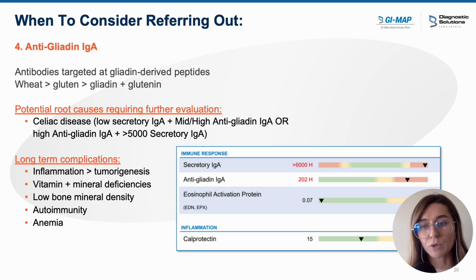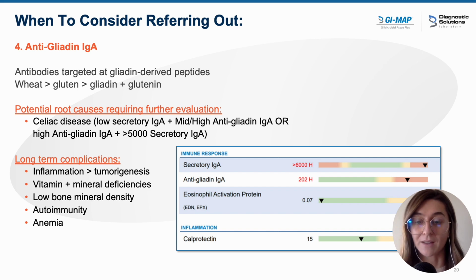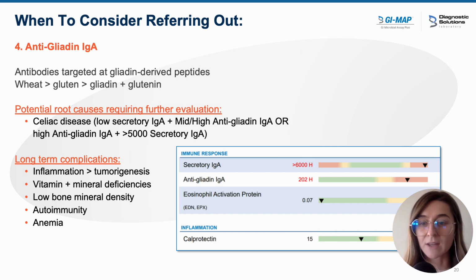The second is if you see an anti-gliadin IgA being elevated and a secretory IgA being over 5,000, that's also going to trigger, at least in my mind, that yes, absolutely, we could have underlying celiac disease here.